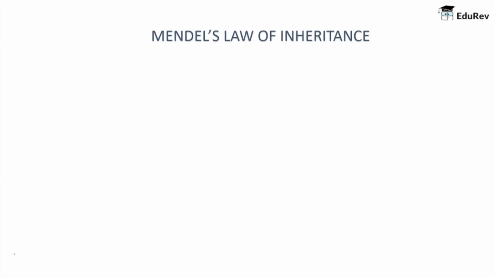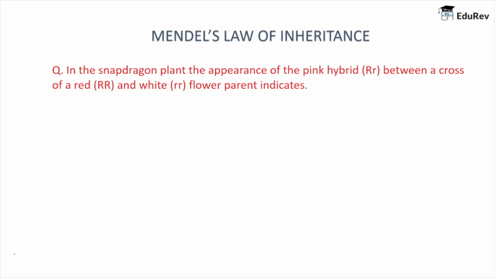So let us try doing a simple question to check our knowledge. The question says, in the snapdragon plant, the appearance of a pink hybrid, capital R, small r, between a cross of red, capital R, and white, small r, flower parents indicates what?